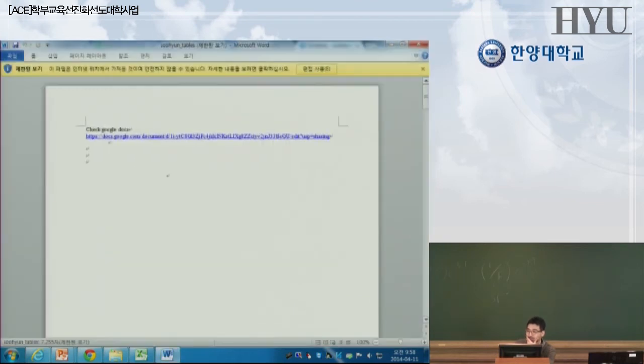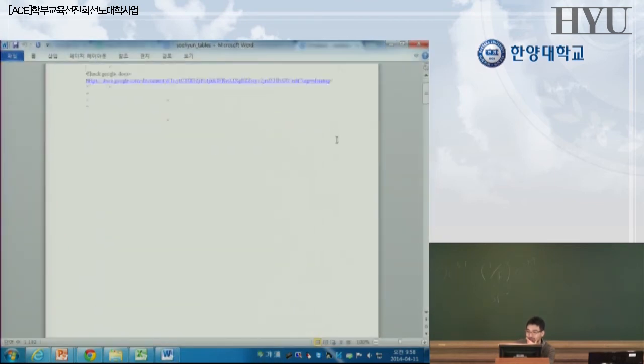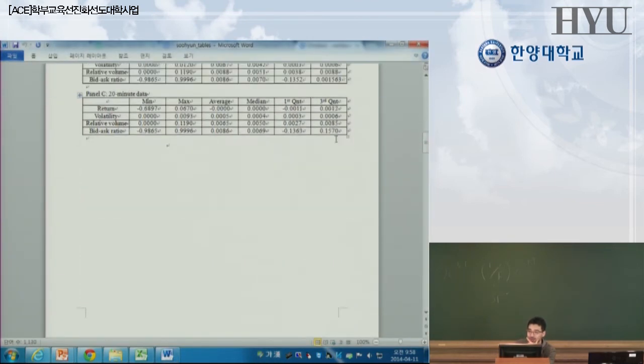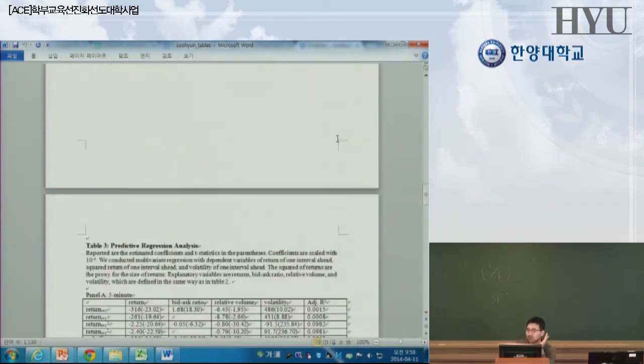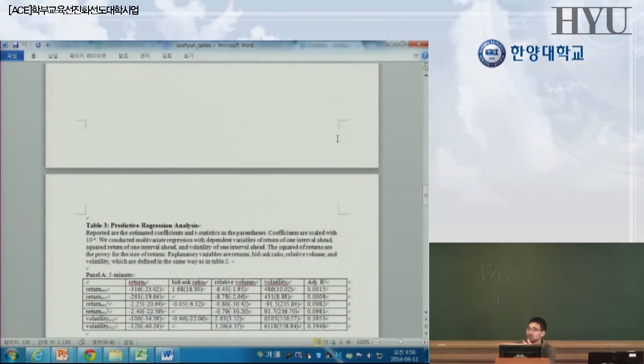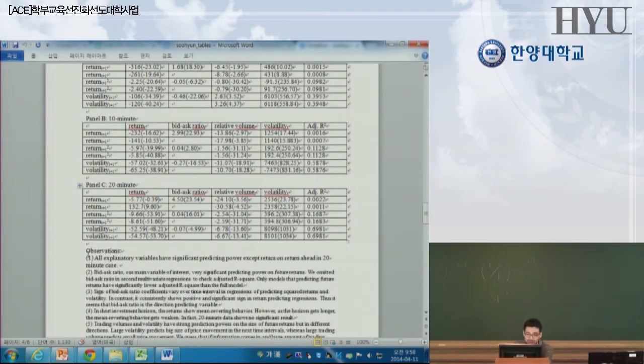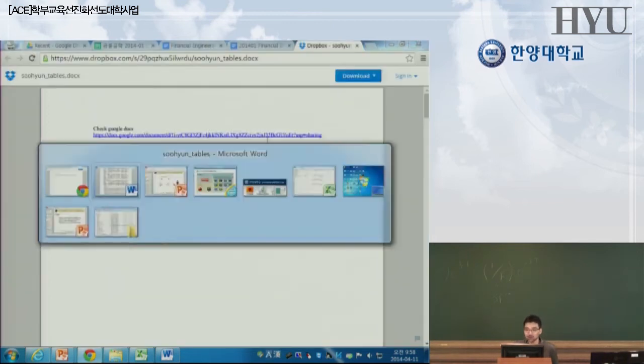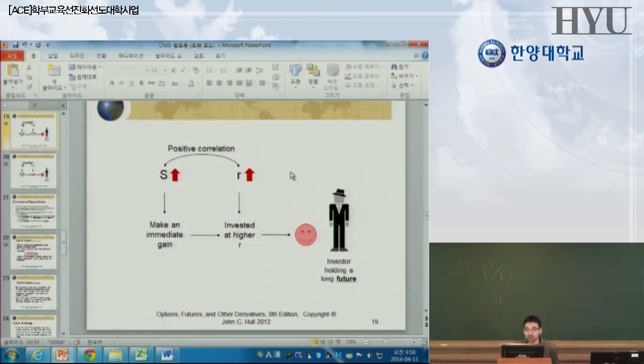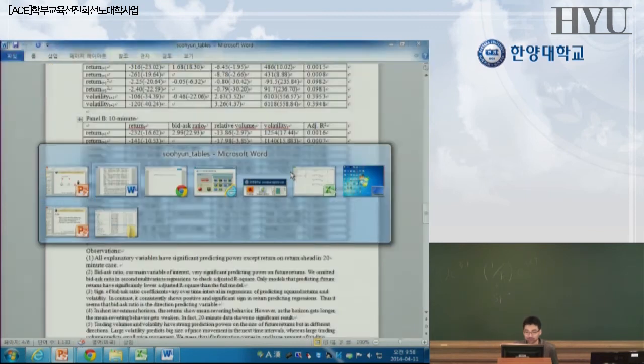If you click, there is a bunch of tables. What you have to do is provide economic intuition and explanation about the results in the tables. There are even hints below each table. In order to understand these tables, you actually need some institutional background.